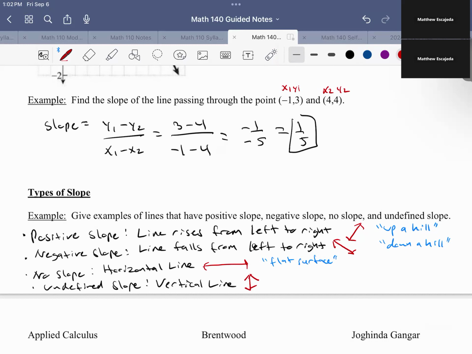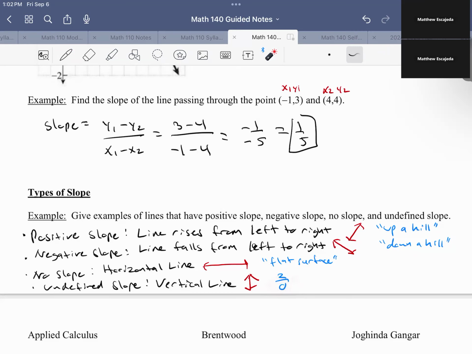The reason why it's undefined is because there is a rise, but there's no run. So you would get something like 2 over 0. You're getting an undefined situation because you can't have a 0 on the bottom. So that makes it undefined.